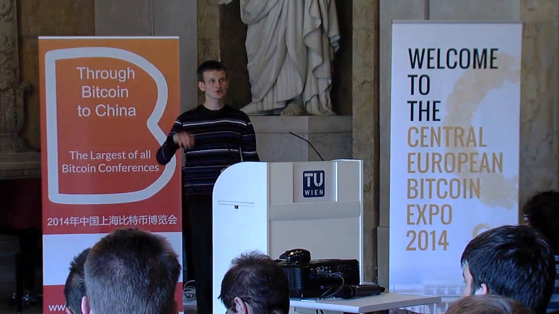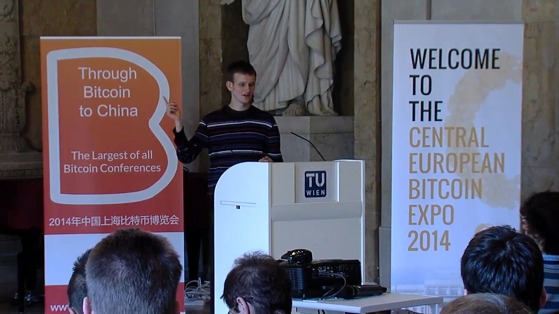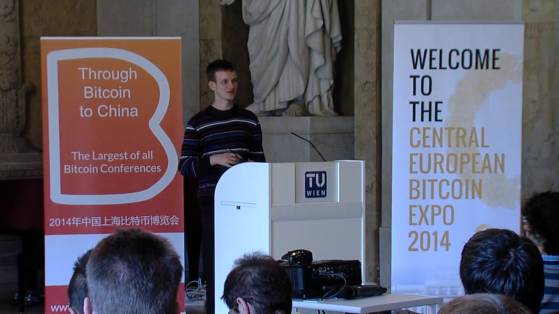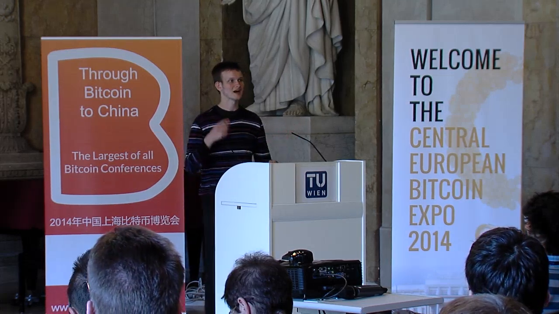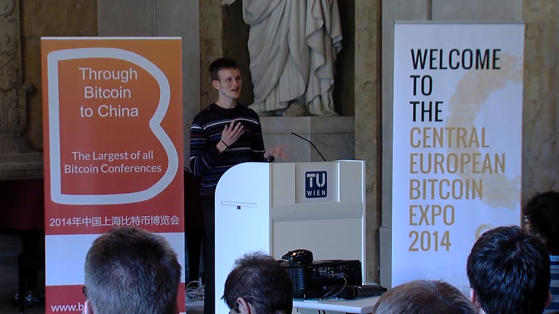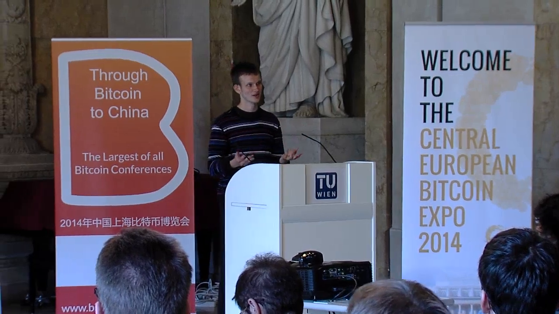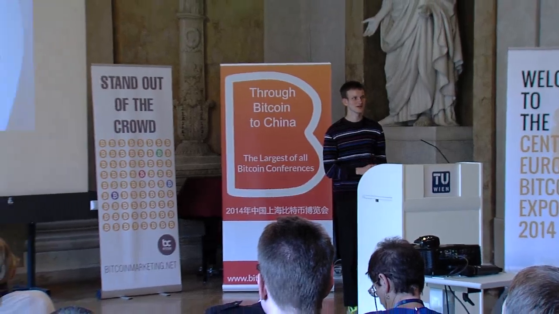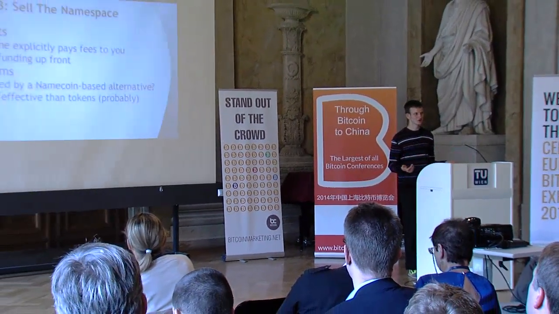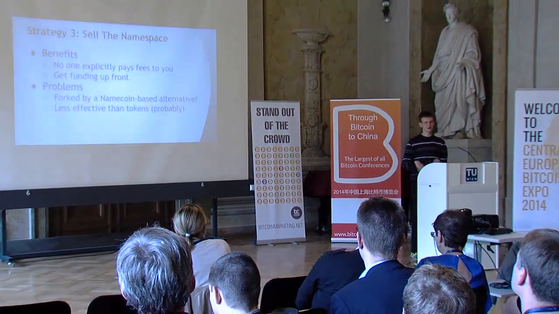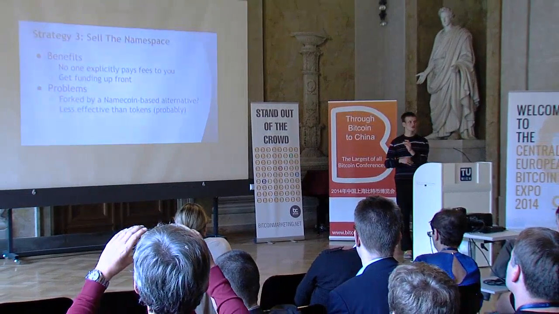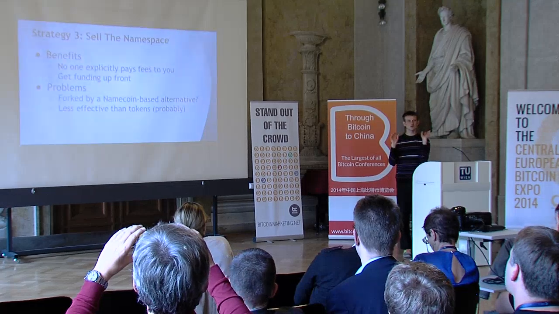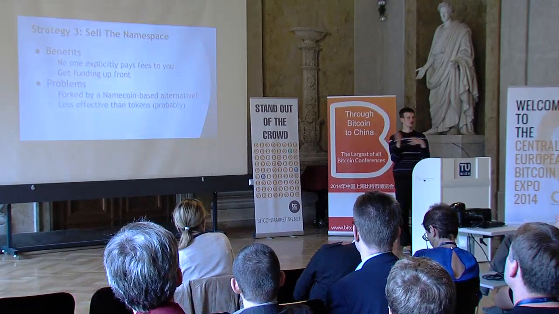Another strategy that people don't talk about enough is to sell the namespace. The idea here is, what if we have a dApp where it doesn't really make sense to have its own currency or its own token system? What you do instead, let's say with decentralized Twitter, is you have a name reg. In that name reg, you take all of the usernames that have less than 5 letters and you sell them.